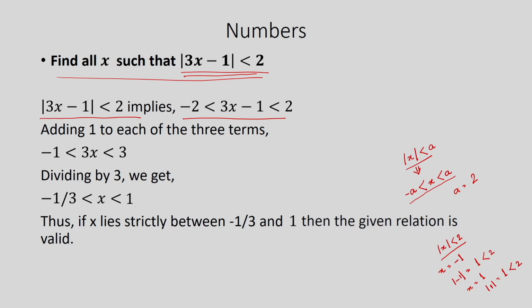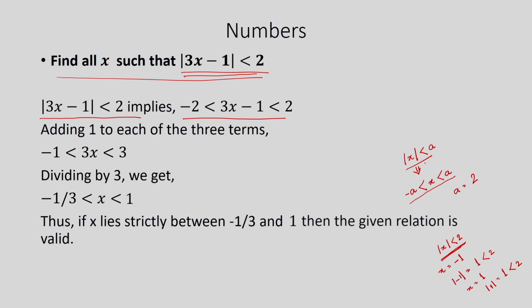So, not only x being less than 2 and greater than or equal to 0 will satisfy this relationship, x being less than 0 but strictly greater than minus 2 will also satisfy it. In other words, x lying in the range from minus 2 to plus 2 will satisfy this relationship.